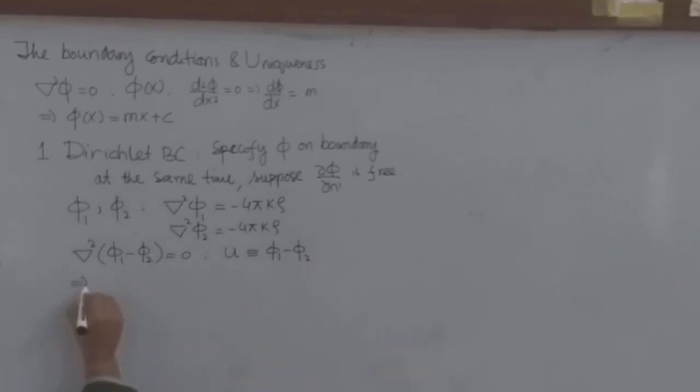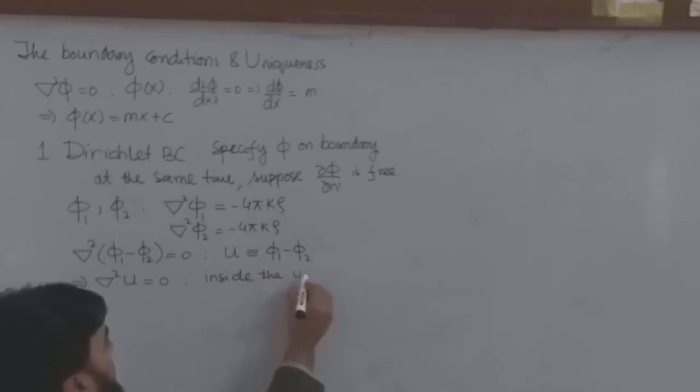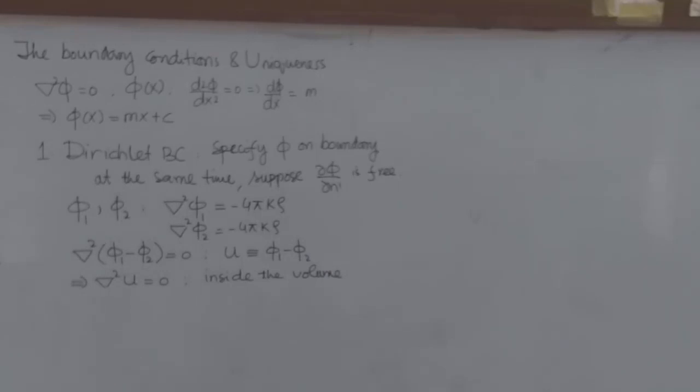Then I can write that del square u will be equal to 0 inside the volume. Inside which volume? Inside that volume in which I am calculating it.